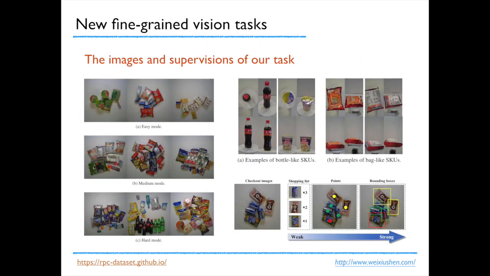Furthermore, for our RPC dataset, we also provide different modes like easy, medium, and hard. We also provide different levels of supervision, like the weak level, that is, a shopping list, and the strong level, that is, a bounding box. The shopping list corresponds to the label constraint fine-grained recognition task.